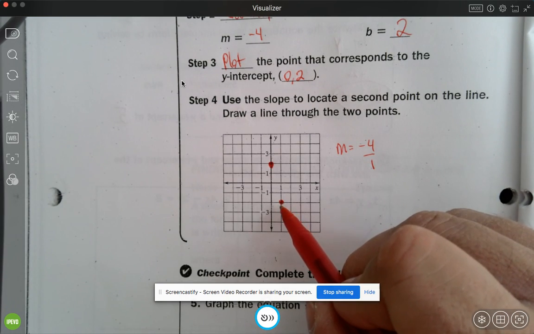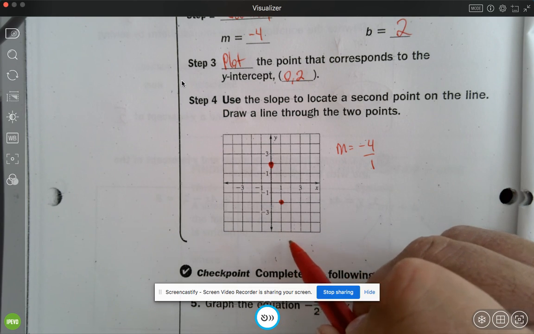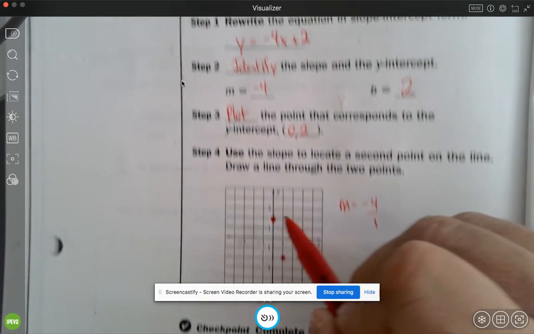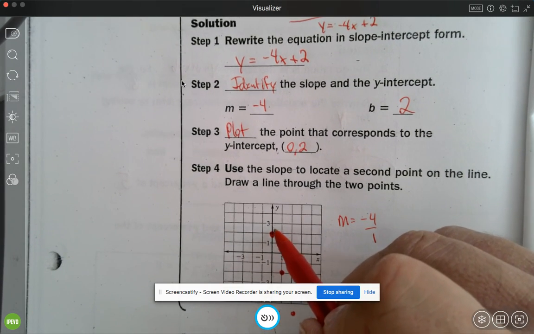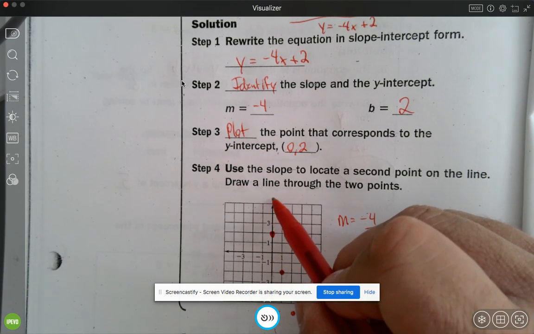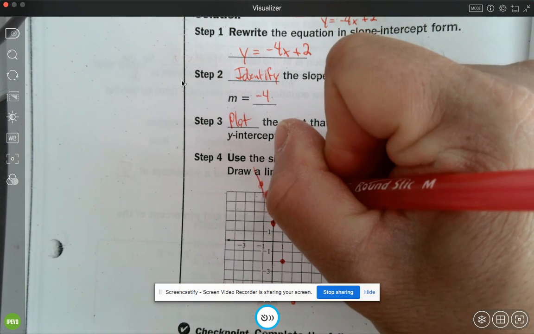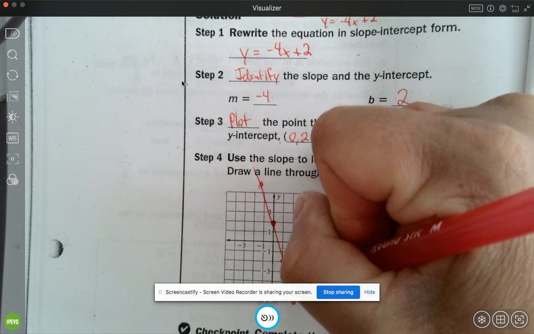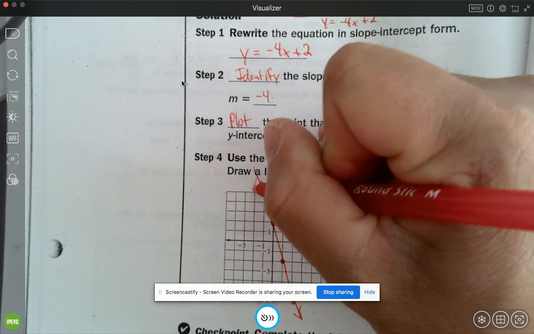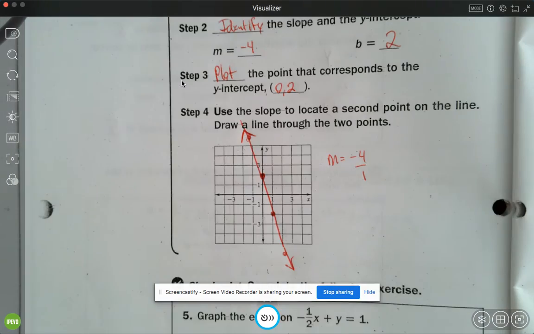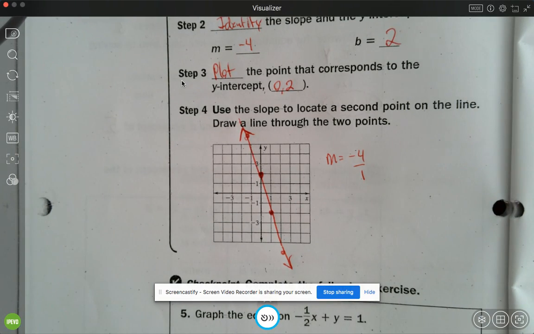You know, it goes off the graph. I'll go 1, 2, 3, 4 over 1. Go left, do the opposite, 1, 2, 3, 4 over 1. Doesn't hurt. There's no graphing police that's going to come arrest you for going off your little graph there. So that's what that one looks like.